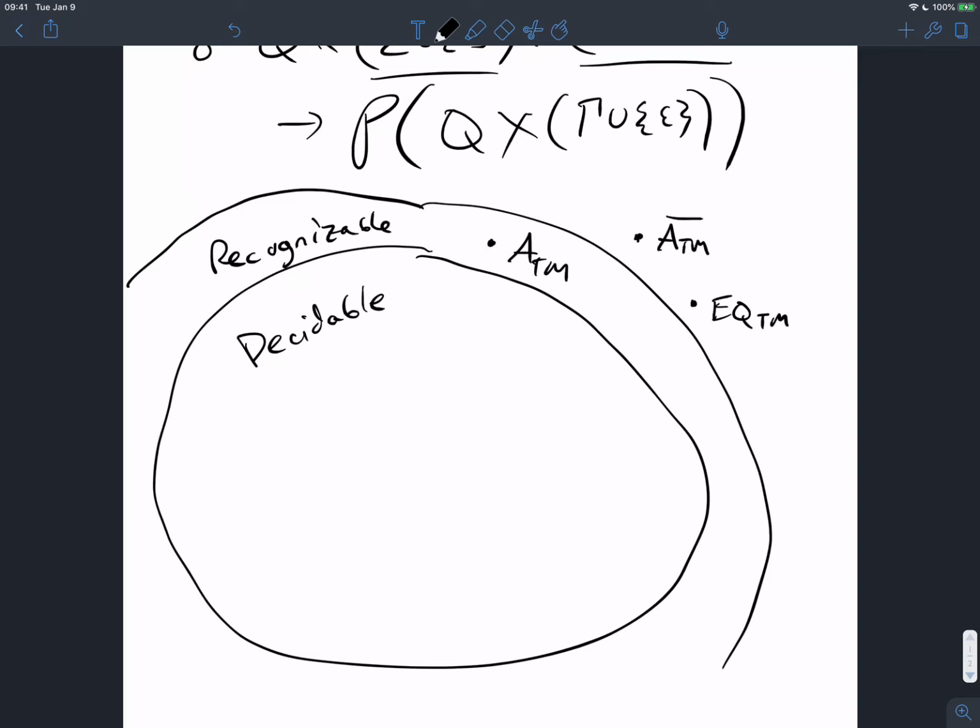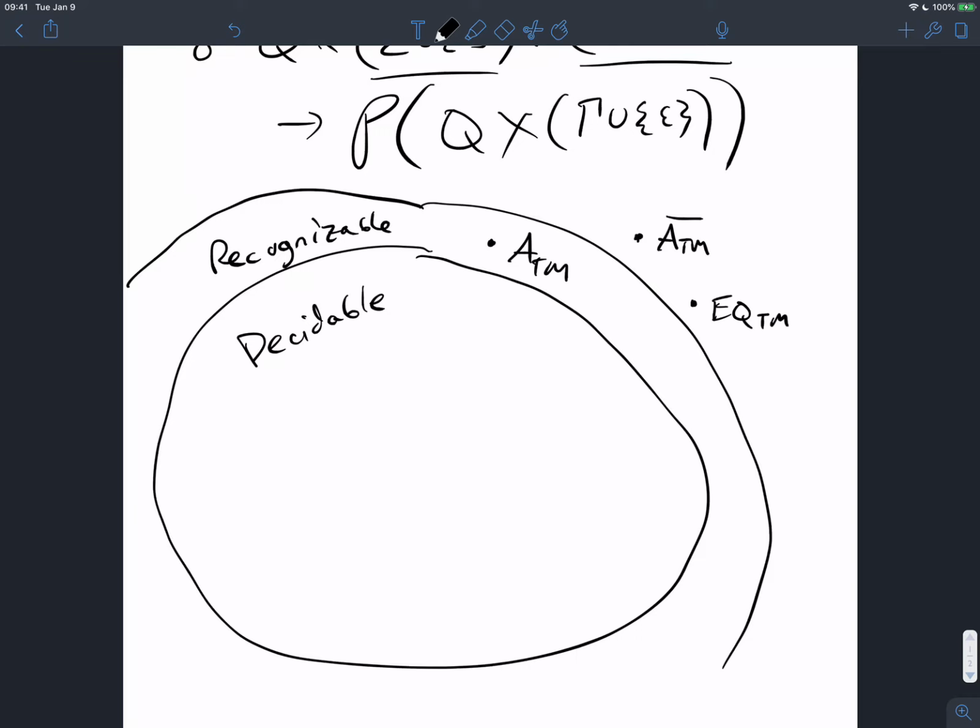But we decided that when we're talking about these types of languages, the model is way too complicated. A_TM, E_TM, every single problem we can find about Turing machines was pretty much undecidable. So what did we do after that? What did we do to the model? Instead of talking about Turing machines, we talked about DFAs.